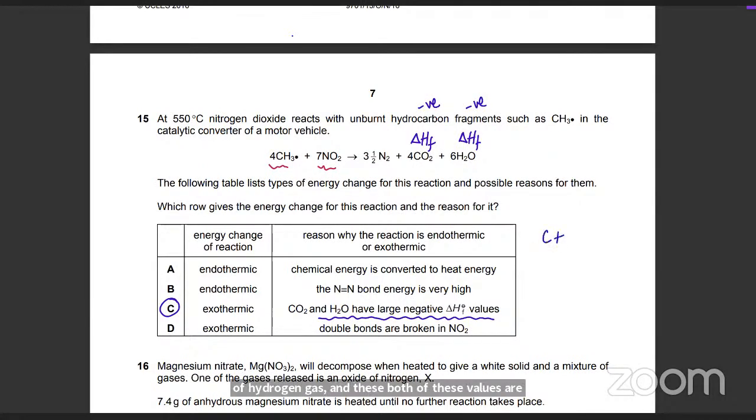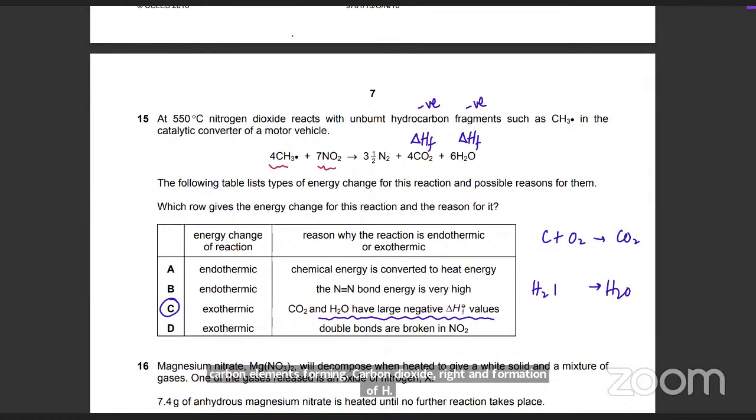It's carbon elements forming carbon dioxide, right? And formation of H2O is water getting formed from hydrogen and oxygen, right? So it's the combustion of hydrogen and it's the combustion of carbon. Combustion is negative. So both of these values are definitely negative. And they're very strongly negative because it's combustion, and you've got 6 water molecules and 4 carbon dioxide. So there's a lot of combustion that's happening.